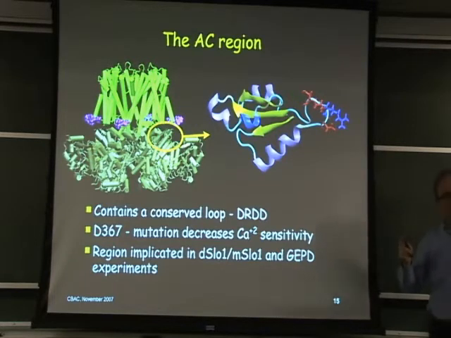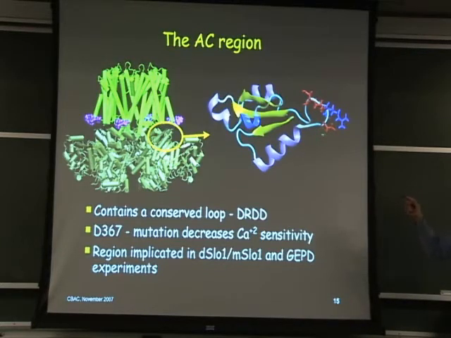And recall that this human mutation, this epilepsy mutation we saw at position 434, corresponds to this aspartate. Okay, this is called the DRDD loop because it's aspartate, D, arginine, R, aspartate, aspartate. So DRDD is a go around. And this aspartate at this position was the one that was mutated to glycine. That gave us this epilepsy phenotype.